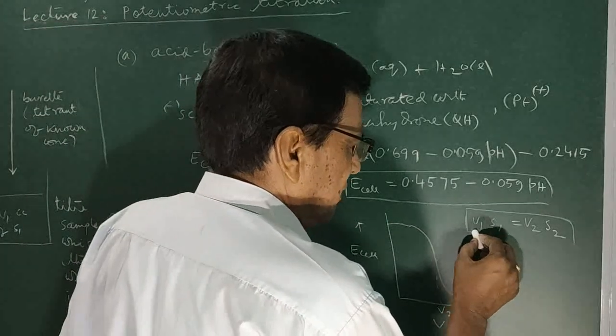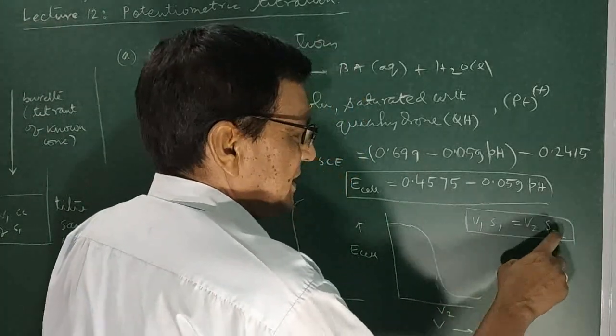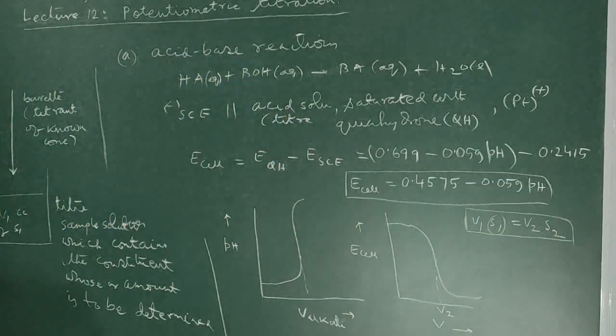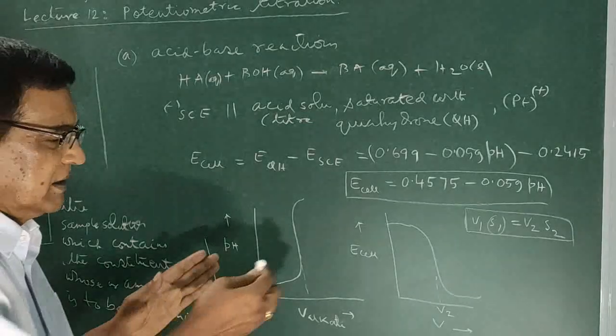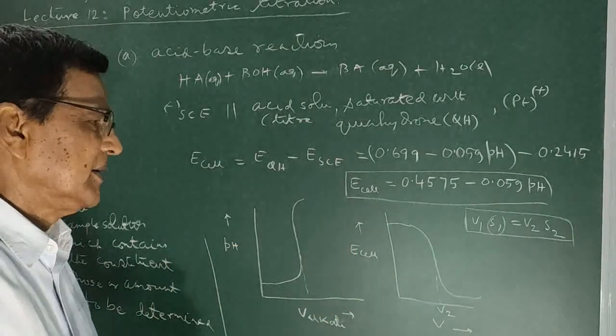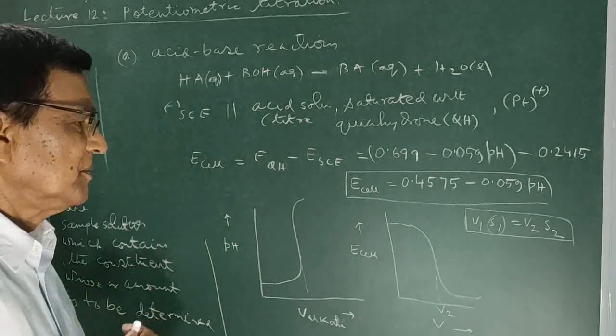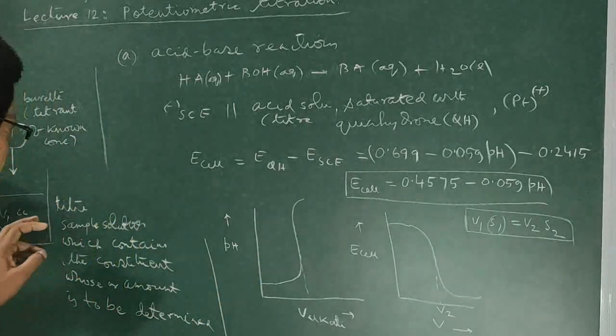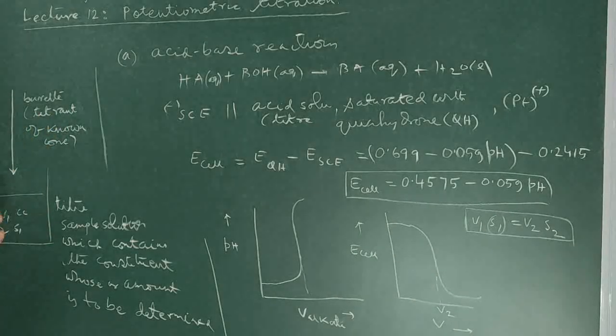So if we know S2, then S1 can be determined, which will give the concentration of the acid solution taken in the titrate. And the symmetry of this graph depends on the strength of the acid and alkali taken.